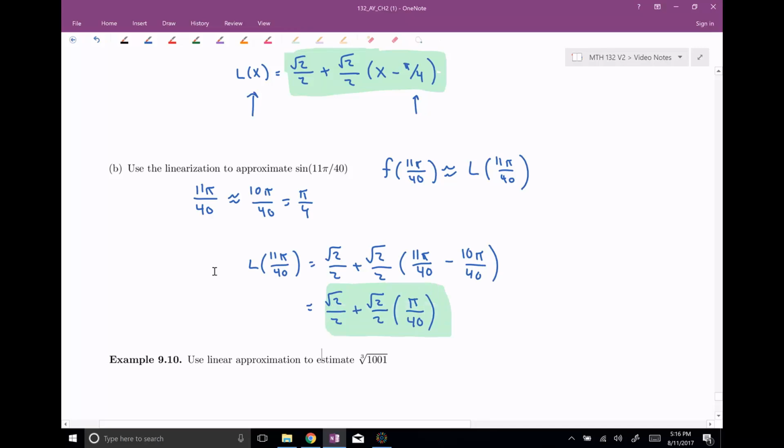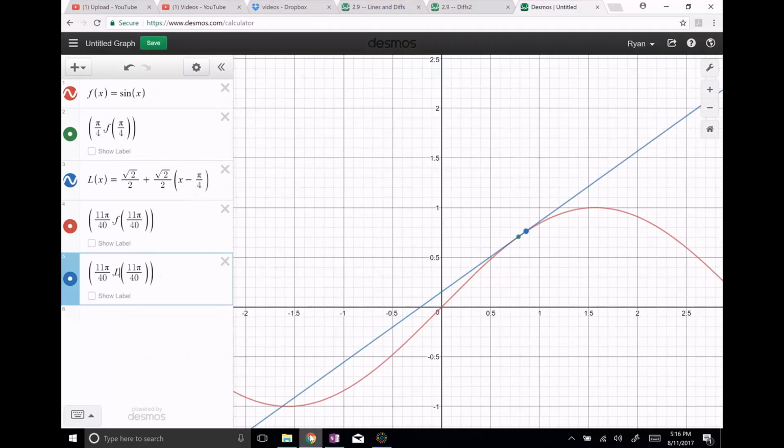And so again, let's check the graph to see what we actually did here. We used the linearization, and notice that I've graphed 2 points here. 1 point's on the red line and 1 point's on the blue line, and we're interested in what's happening here at 11 pi over 40. We would like to know the function's height at 11 pi over 40, but the claim is sine's tricky, and lines are a lot less tricky.